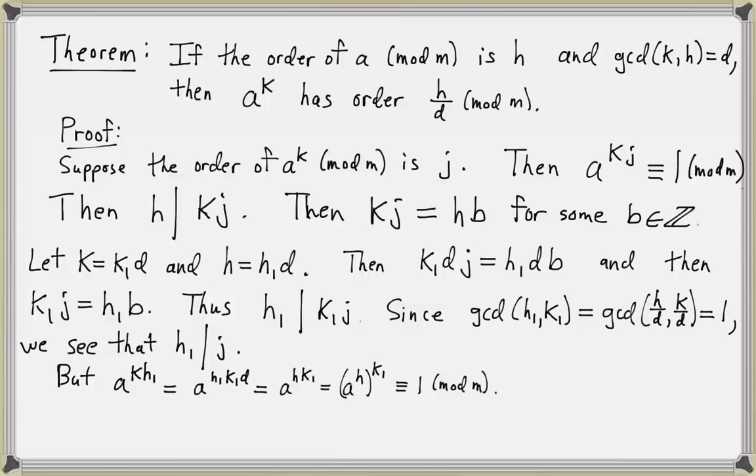So this looks like a to the power k raised to the power h1. Therefore, the order of a to the k, which we call j, must divide h1, because a to the k to the h1 power is going to go to 1 mod m.